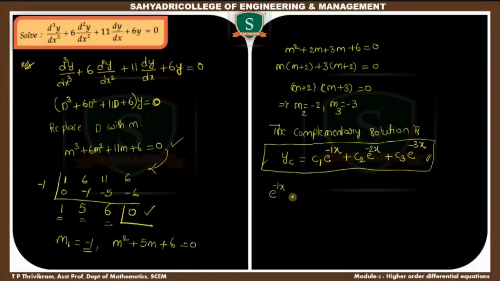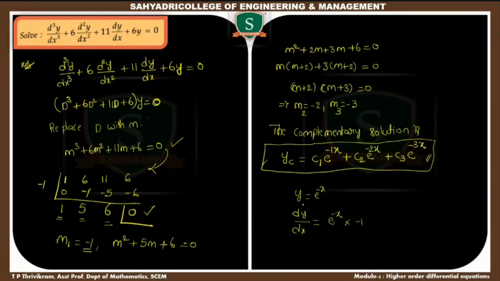I have taken y is equal to e power minus x. I am substituting in the given differential equation. What is the value of dy by dx from this? Dy by dx is e power minus x into minus 1, right?